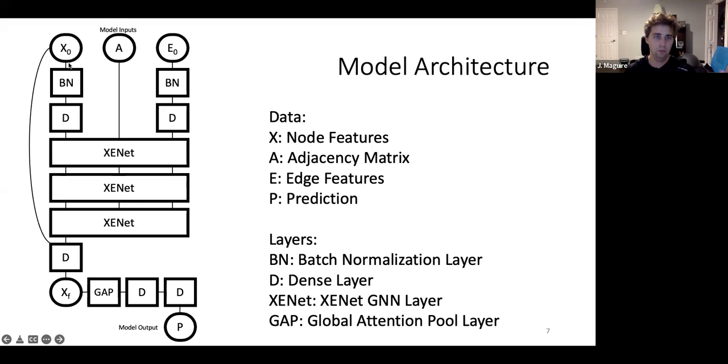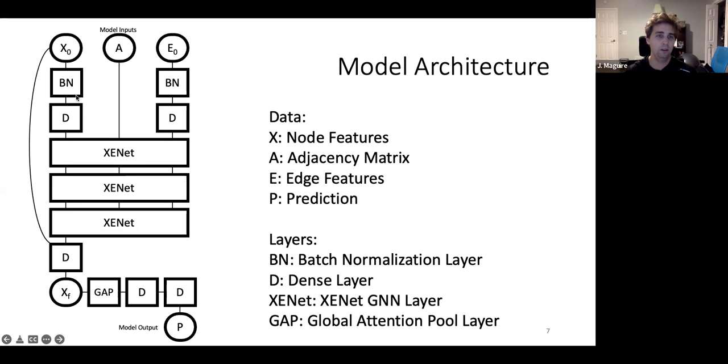Nodes and edges are pre-processed with a single dense layer, then go through three graph convolutional operations. XCNet is a convolutional layer that we put together at Menten a year ago.